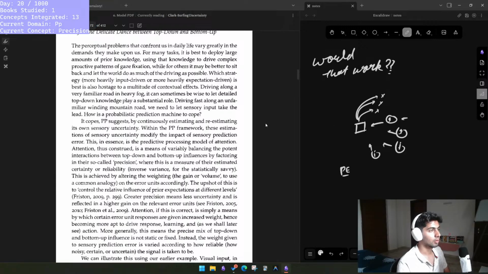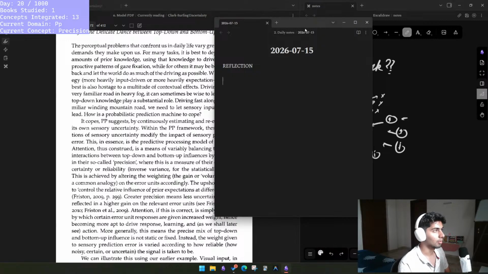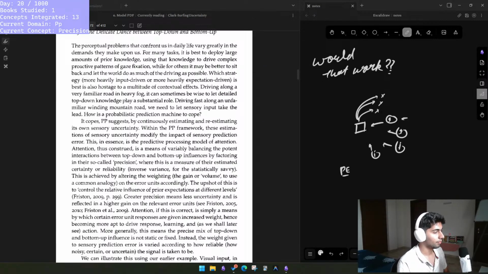A delicate dance between top-down and bottom-up processes, so the reliability. Now attention comes into the picture. So we've got that double. Now I can take my own notes down here. So it's attention to what? The specific stuff. And why?